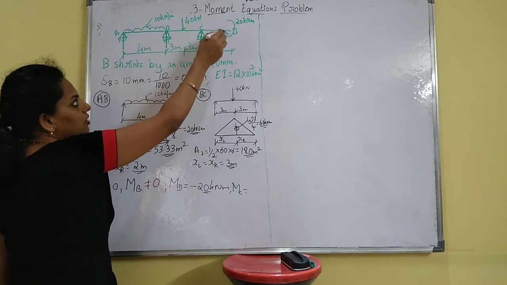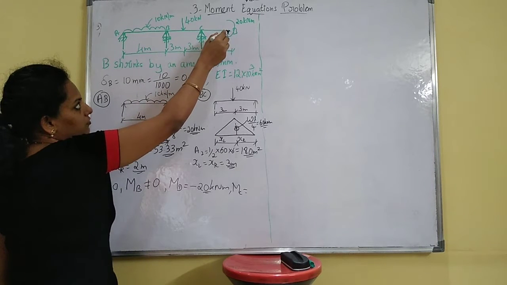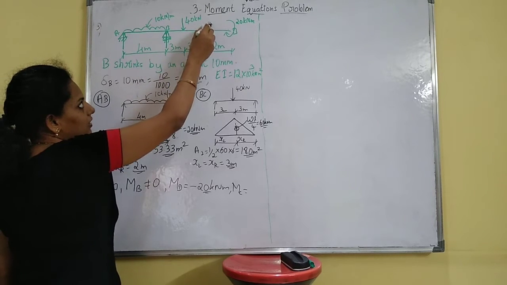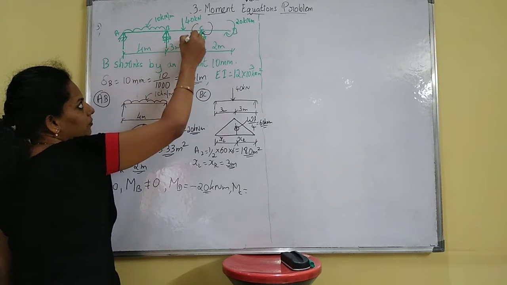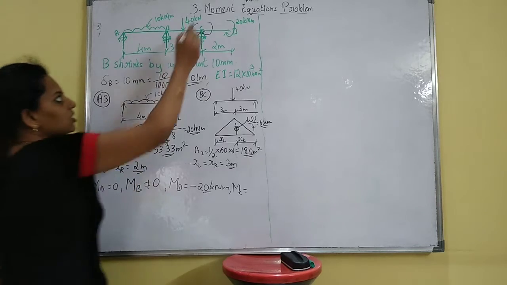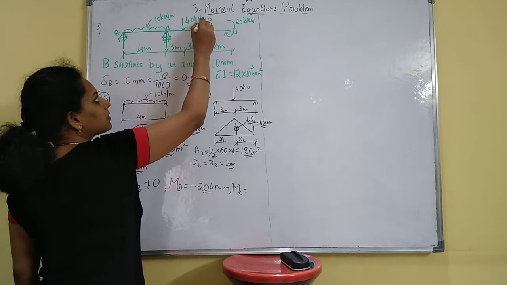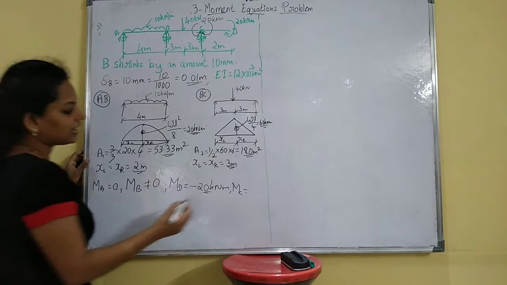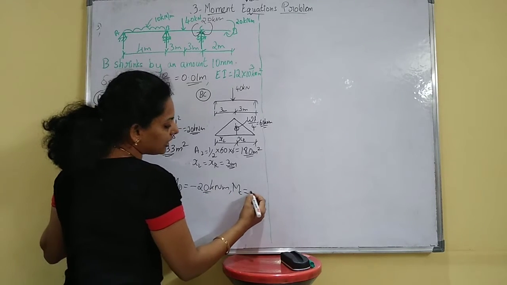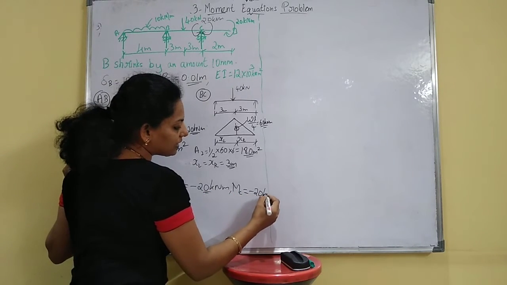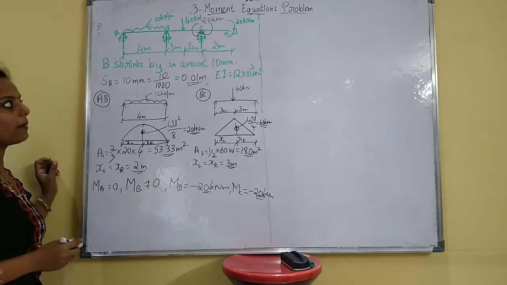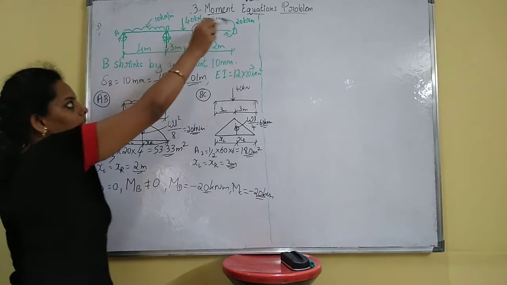Suppose the beam bends like this, so here also it will again be hogging bending moment. This will be a reaction, so you will get 20 kilonewton meter. You can write it directly because no other load is acting on the member CD. Only this couple is acting.